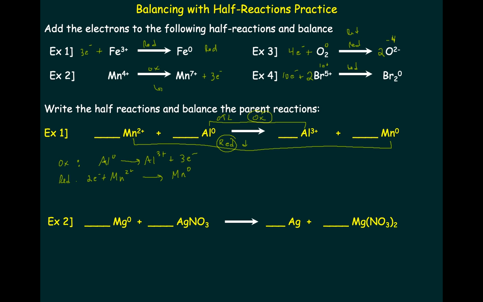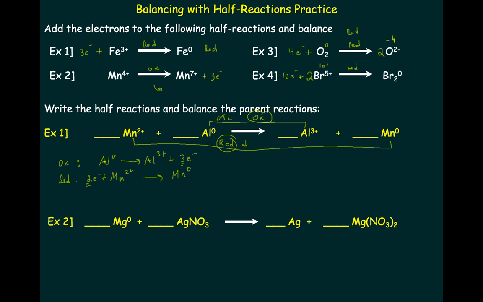Now this is going to be a little interesting because what happens here is that the electrons lost here, 3, is not equal to the electrons gained. Not equal. So electrons lost must equal electrons gained.